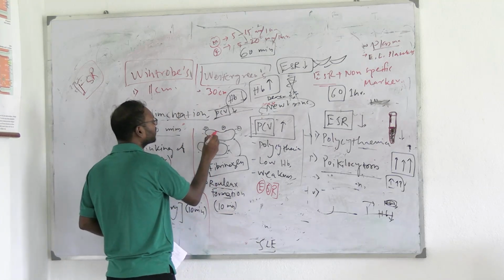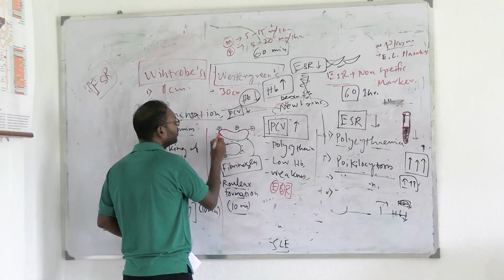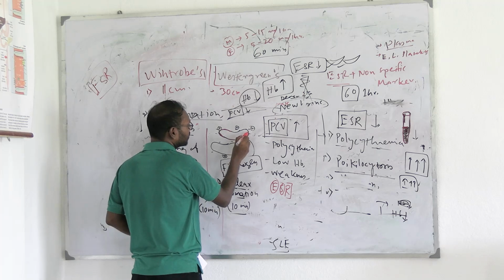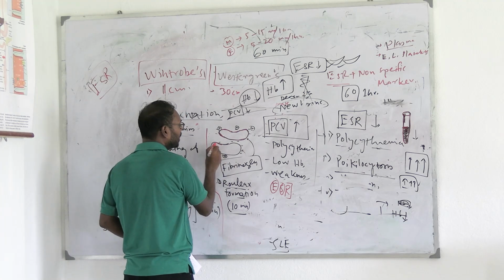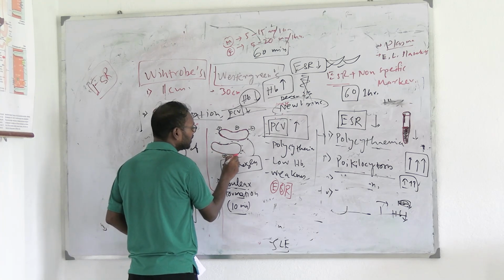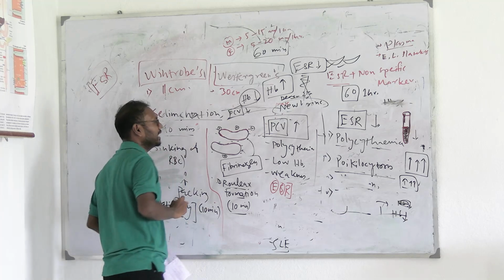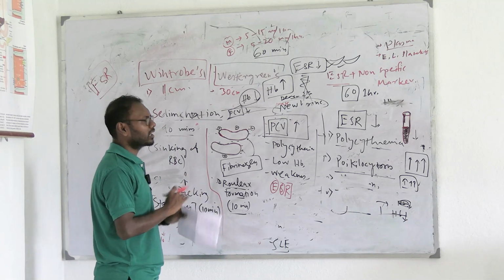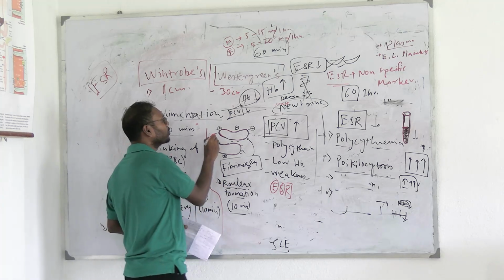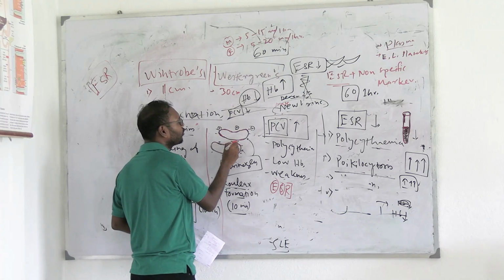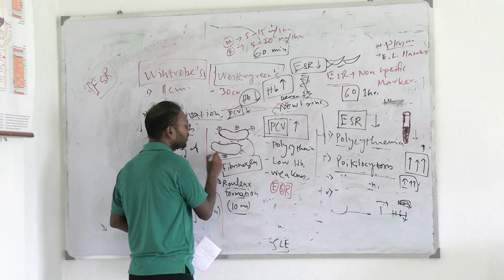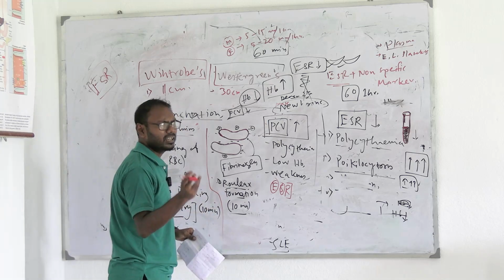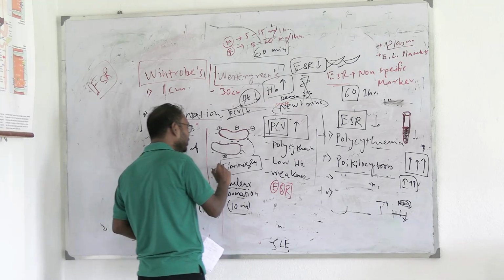So this is our tube, and these are RBCs, right? RBCs are shaped like that. Now these RBCs are not usually able to come together and attach with each other. They cannot clump with each other. Why? Because they have negative charges over their surface. Now there is a factor called fibrinogen.